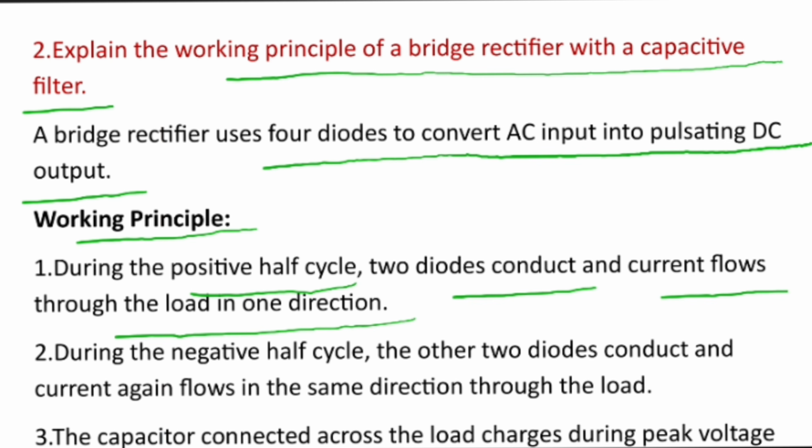Next is the negative half cycle. Two diodes conduct, and current again flows in the same direction through the load.